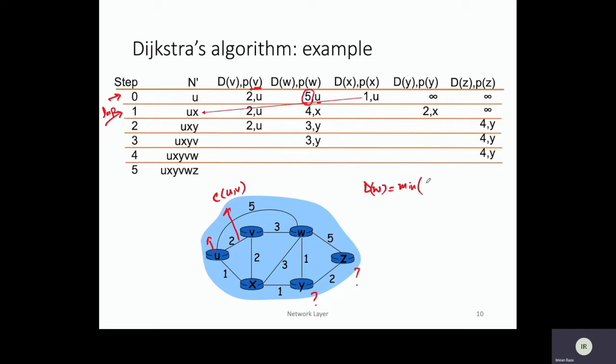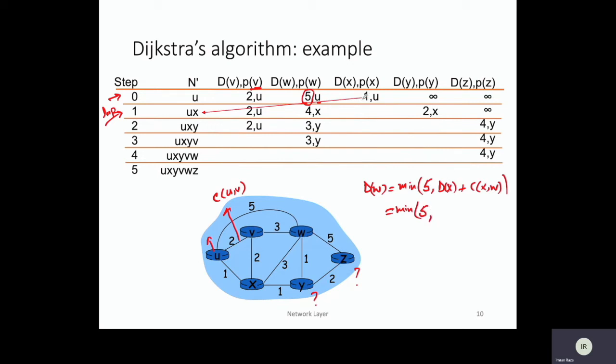So either it's 5, or it is the cost to reach the newly added node, X, plus the cost to reach from X to W, right? So let's try to calculate this. We'll take the minimum of the previous cost, which is 5, and the cost to reach X.